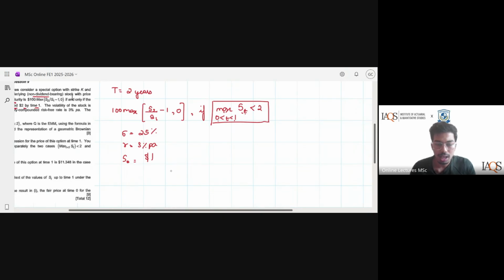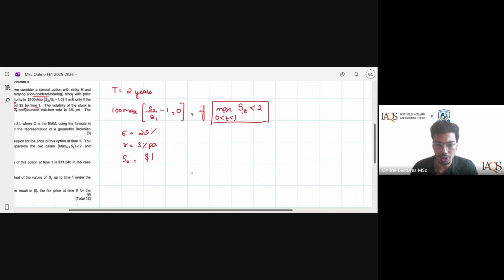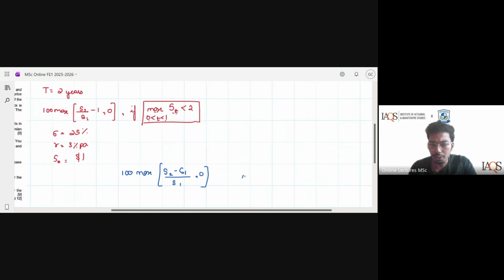Can I say, if I break this down into 2 steps, if I solve this payoff equation, 100 into max of S2 by S1 minus 1, can I write this as S2 minus S1 by S1 comma 0? There is actually a second condition for this payoff to be true: S2 has to be greater than S1. Why so?